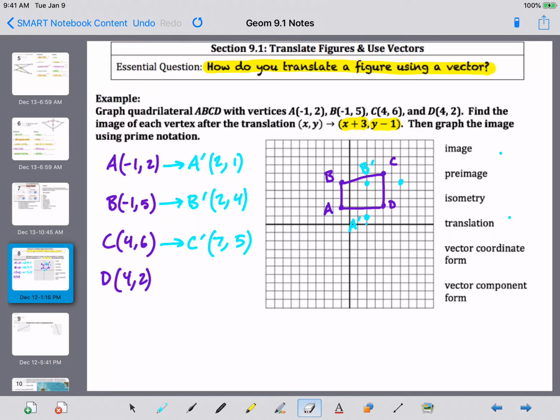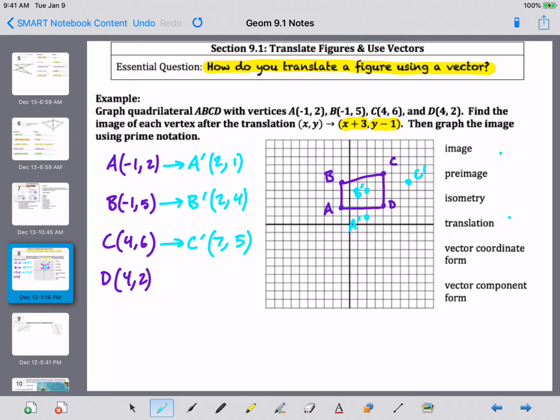That does not look right. Let's try that again. I think my B prime is up 1 too many, so this is over 2, up 4. So B prime should be right there. Knew something didn't look right. Okay, so now for C prime, that was over 3 and then down 1.